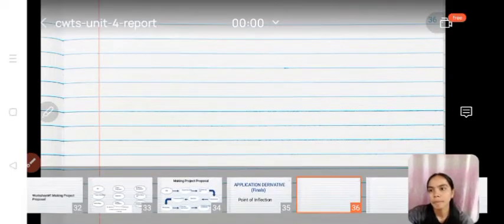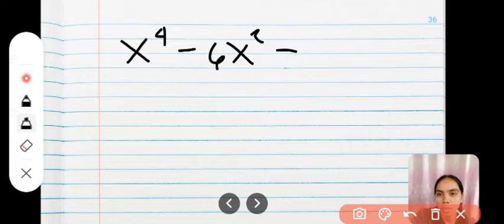So for example, x to the power of 4 minus 6x squared minus 7.